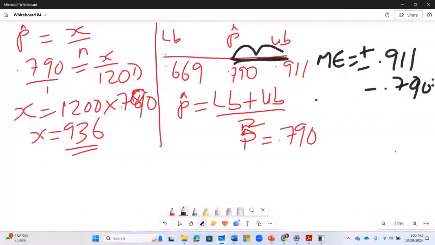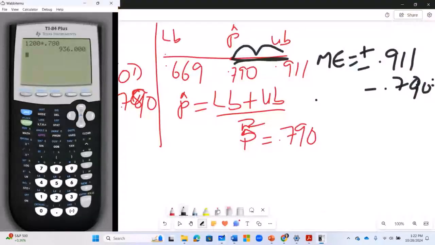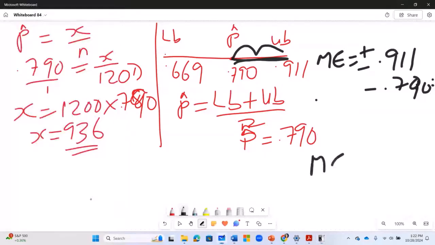All right, so I am going to calculate the margin of error. I have 0.911 minus 0.790, and what I have is 0.121. So the margin of error is equal to plus or minus 0.121, in decimal.